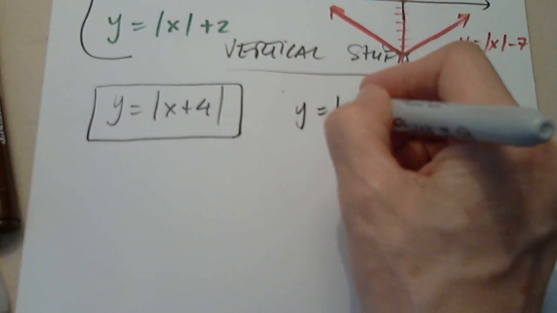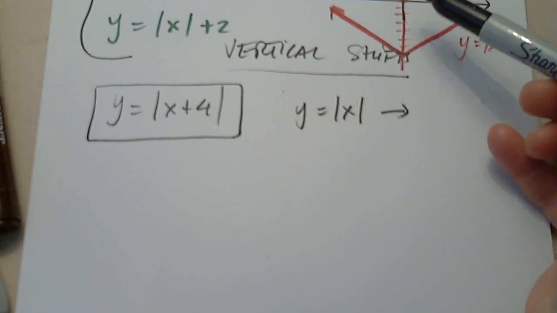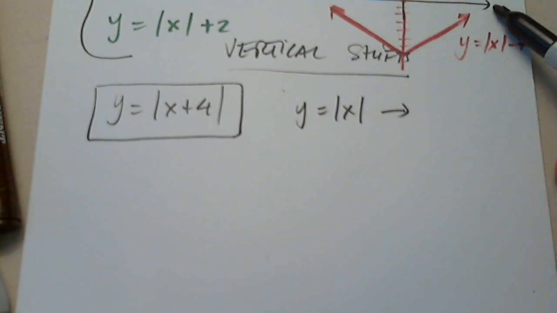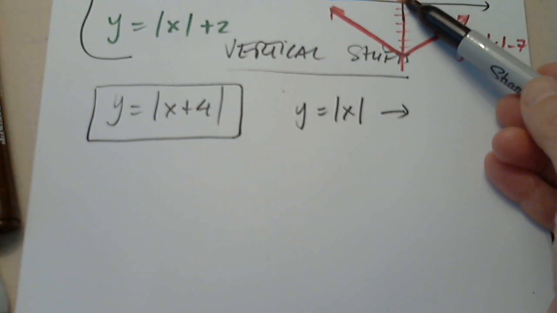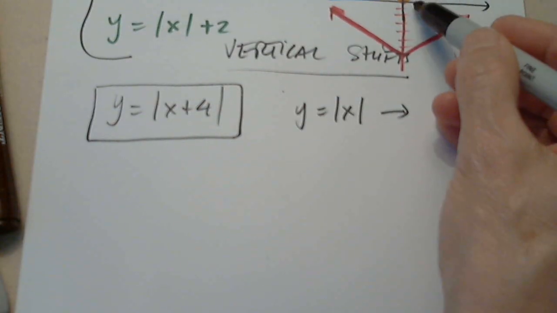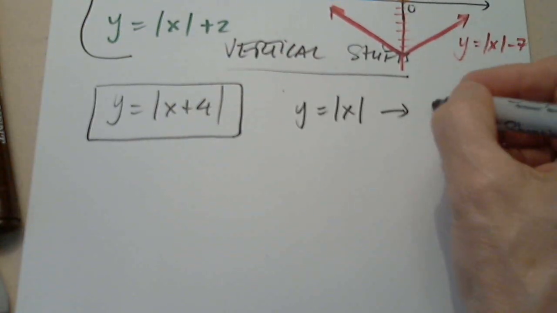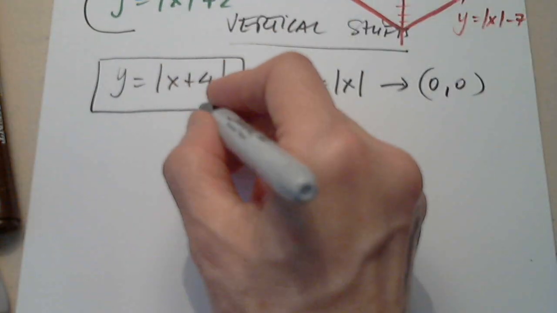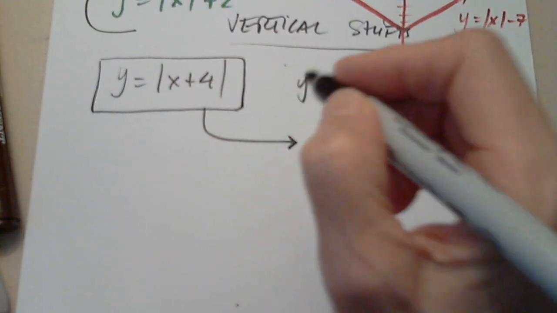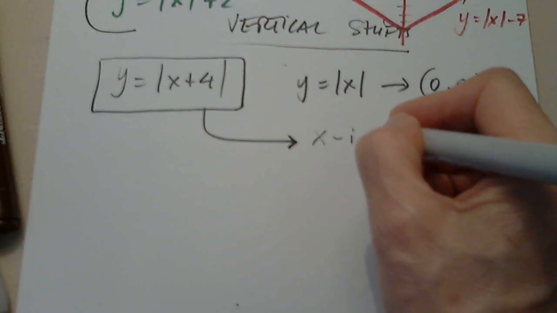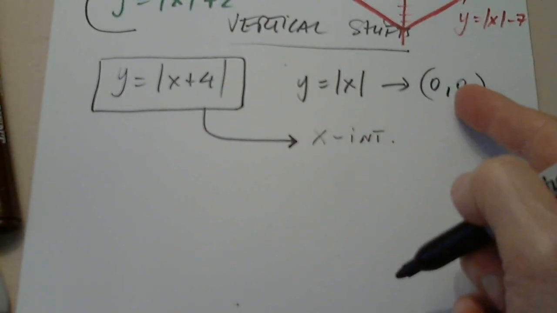For y equals the absolute value of x, can anyone tell us what is the x-intercept of this graph? Zero, 0. Thank you. Before we discuss this graph, for this graph, can anyone tell us the x-intercept? Remember, y has to be 0.